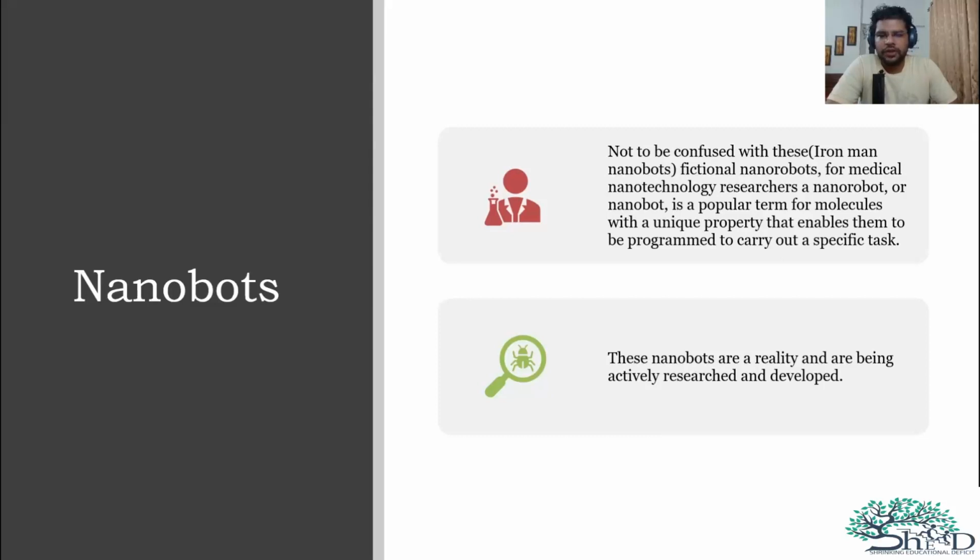So, nanobots. Now again, do not confuse this with something like Iron Man built in the movies. Those are fictional things. They are very far into the future. Right now, you need to understand that mostly for medical purposes, nanobots are very tiny robots which can be programmed.